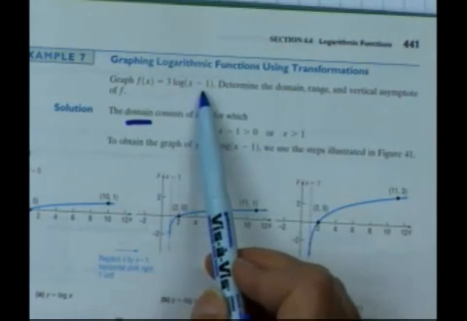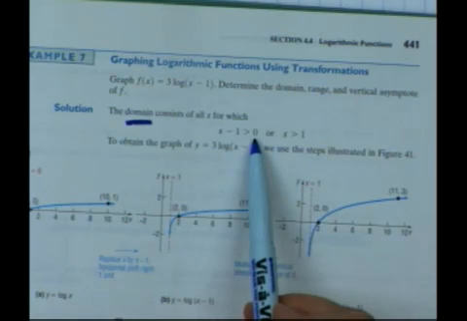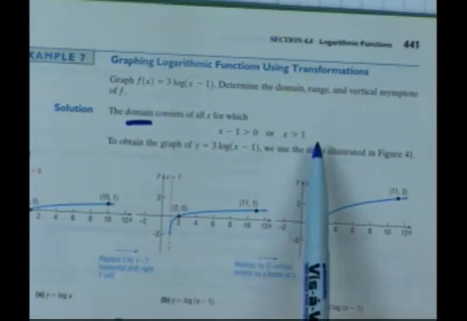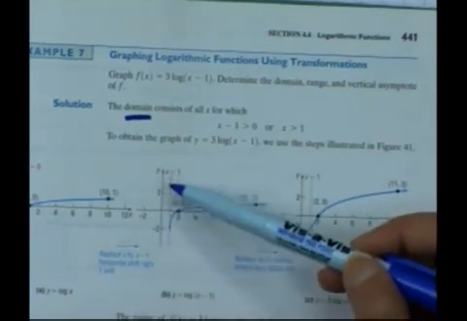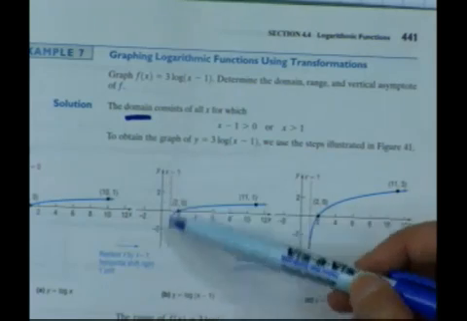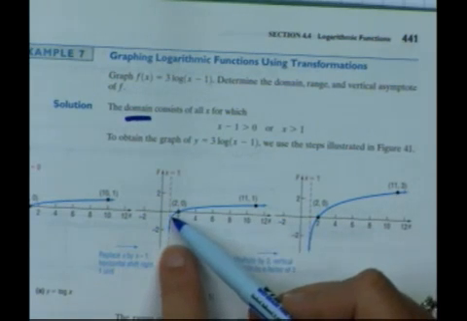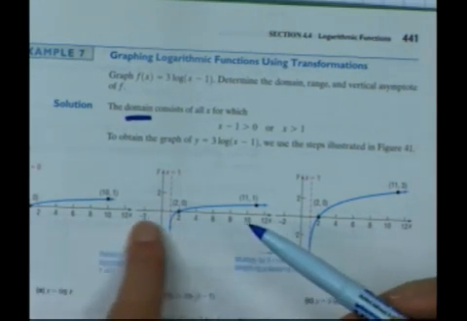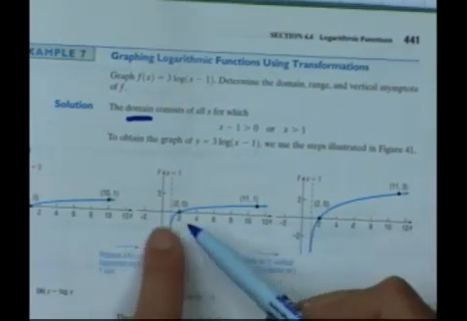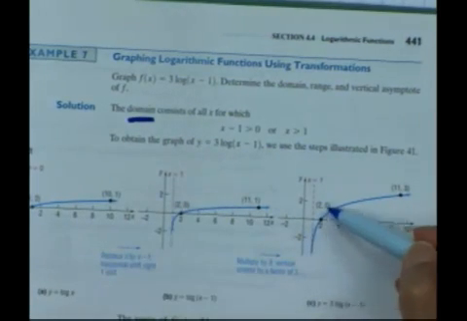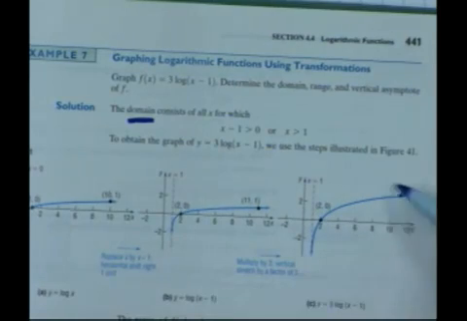I kept saying your argument has to be greater than 0. So for this, your domain is x greater than 1, which automatically makes your vertical asymptote x equal to 1. Okay, this didn't have a vertical shift, so you know that it's like plotting the point (1, 0), but everything moved over 1, so you'll plot the point (2, 0). And that 3 is just your stretch, which means it's going to go up a little bit faster.